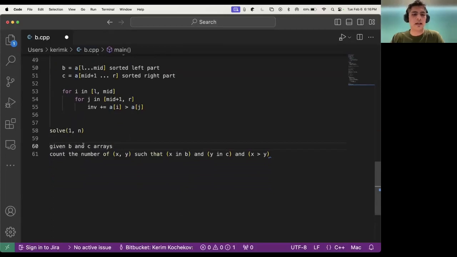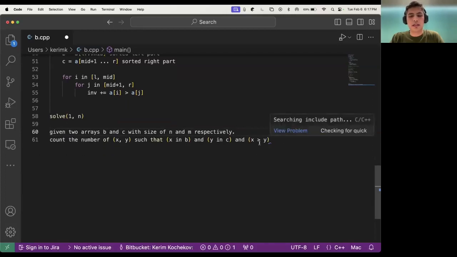For example, given two arrays B and C with sizes N and M respectively, you can suggest an algorithm or solution that is much faster than NM, where NM is the most naive brute force solution.